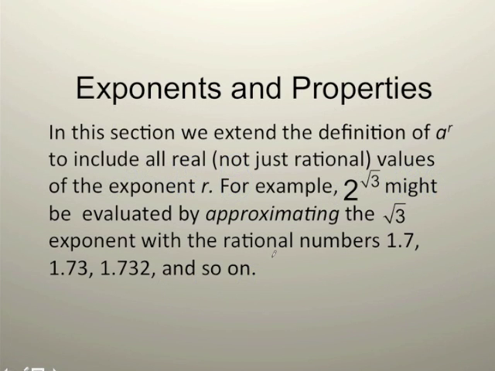In this section, we're going to extend the definition for a to the r to include all real values, not just rational values of the exponent r. So now we can have some square roots. For example, 2 to the square root of 3 might be evaluated by approximating the square root of 3 in the exponent with the rational numbers 1 and 7/10, 1 and 73 hundredths, 1 and 732 thousandths, and so on.